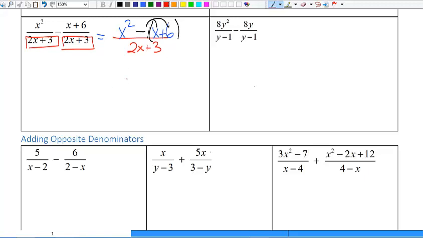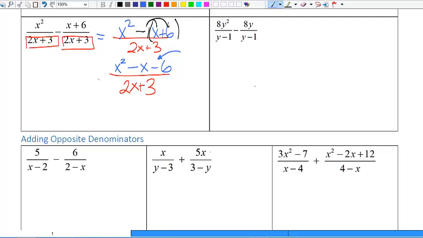The denominator again stays the same, so when I rewrite it, the first thing I like to do is rewrite the denominator. And then in the numerator I have the x squared, its sign doesn't change, but when I distribute the negative through the entire second fraction's numerator, I get minus x minus 6. If you're getting a plus 6 there, you're not putting parentheses and you're not distributing your negative 1, so please be careful there.